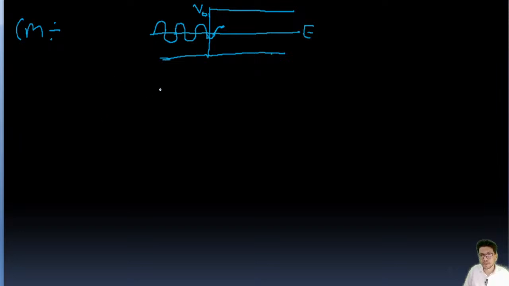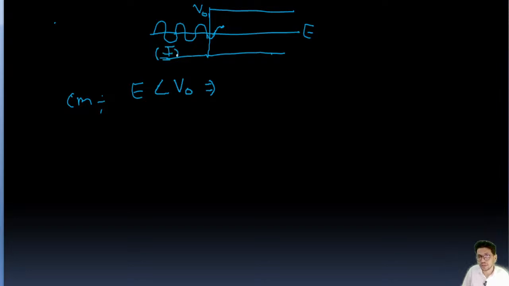In classical mechanics, if E is less than V naught, this means the particle will never enter region 2. This is region 1 and region 2.